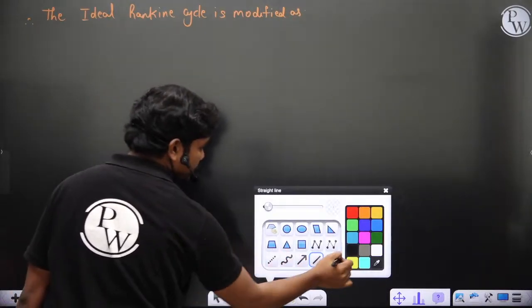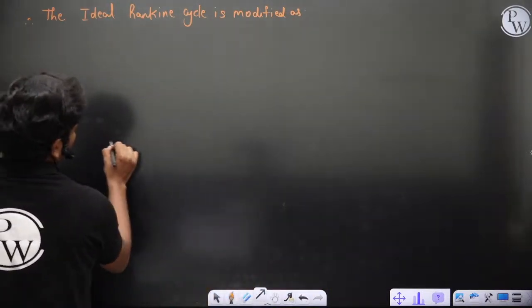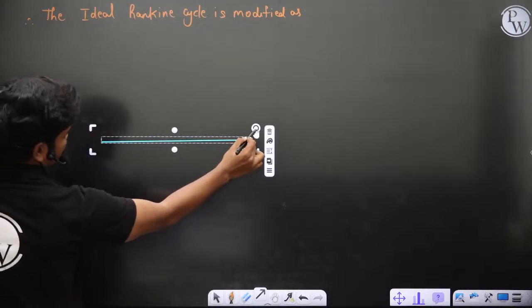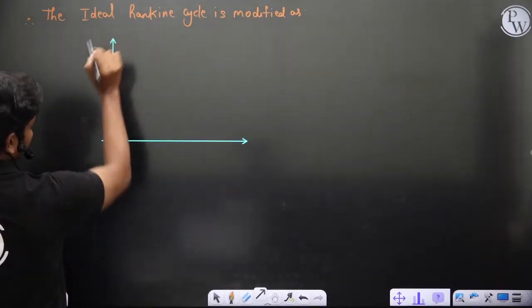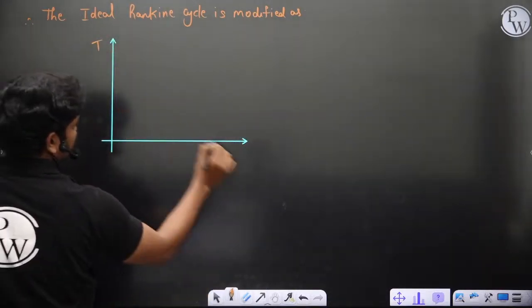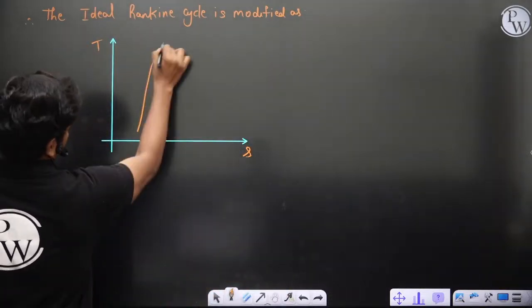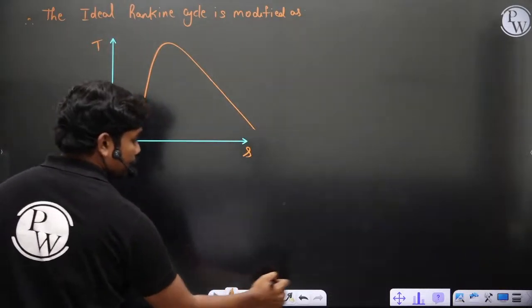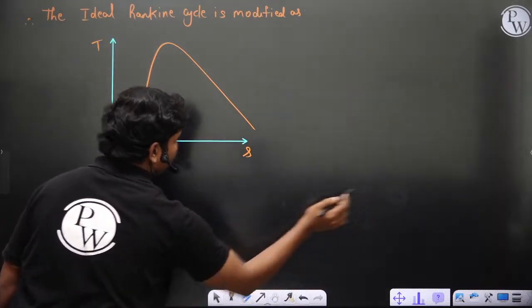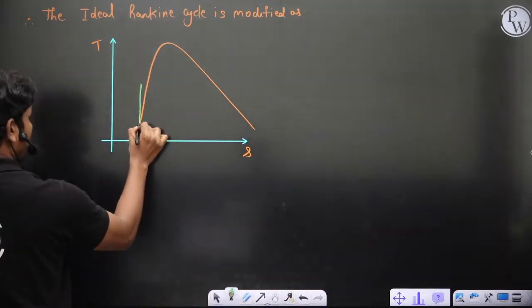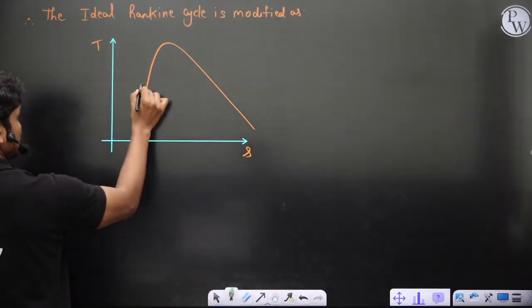If you now take this TS diagram, I'm going to draw the diagram which you all like, which you have been using for so much time, this TS. Then you can see we have some heat addition, 1 to 2.